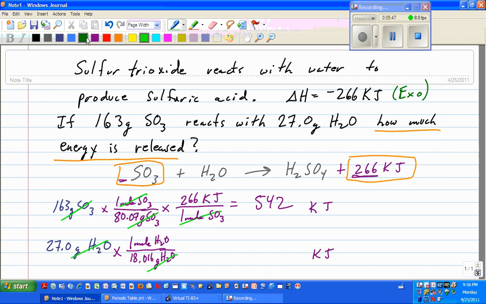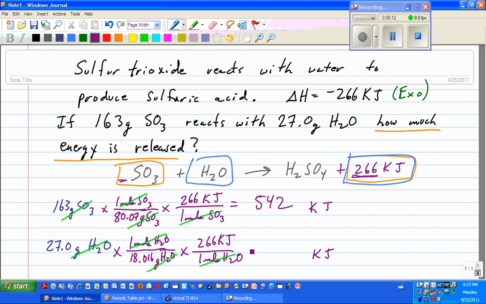At this point, I can go ahead and go 266 kilojoules of energy over. Again, it's a 1-to-1 ratio. I'm interested this time in my water and my energy. So over 1 mole of water. Again, these guys cancel out.